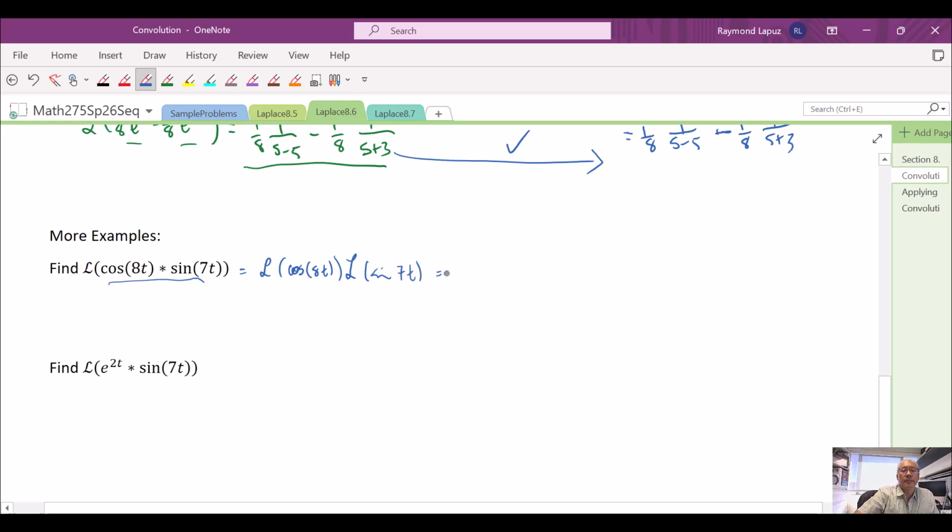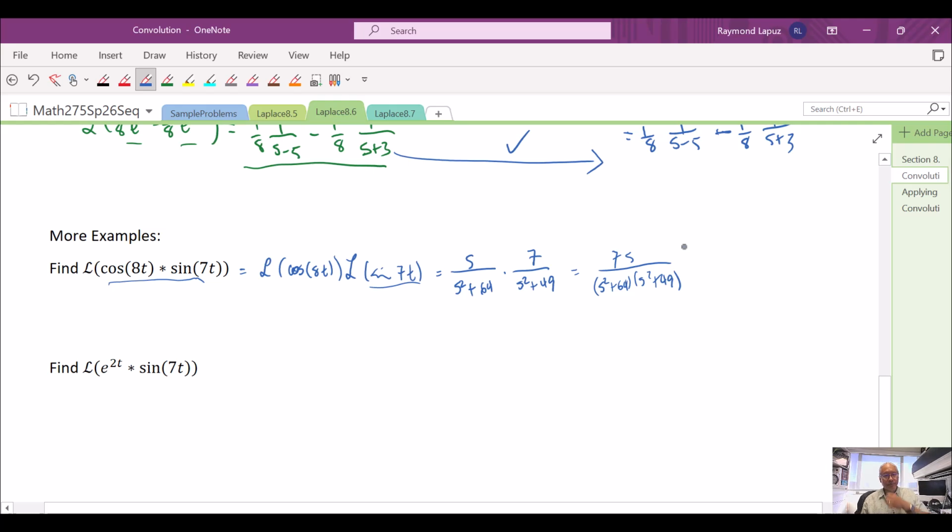And so this will be, if you remember, for cosine, s over s squared plus 8 squared. And then this one is going to be 7, the constant, divided by s squared plus 7 squared. And so there's really not much you can do here. You can say 7s divided by s squared plus 64 times s squared plus 49.